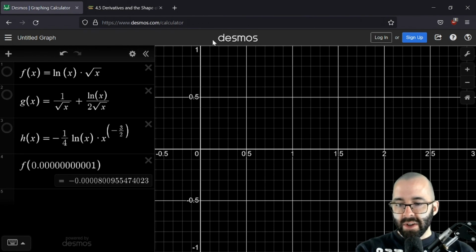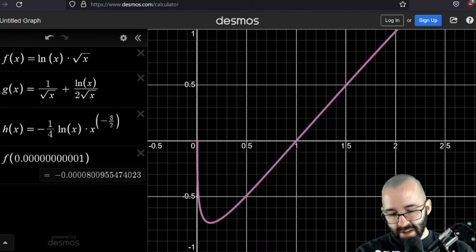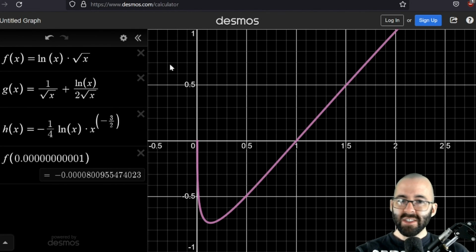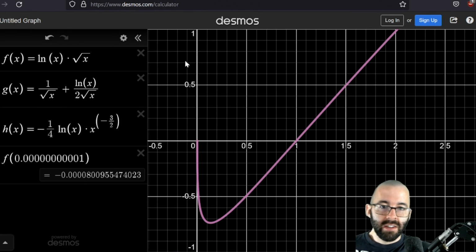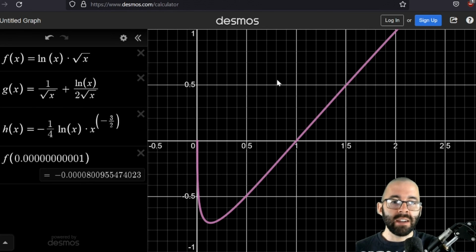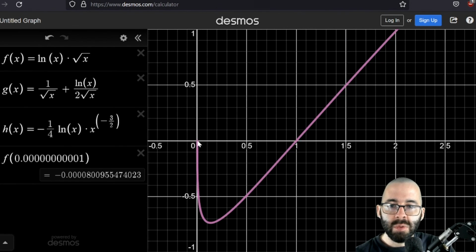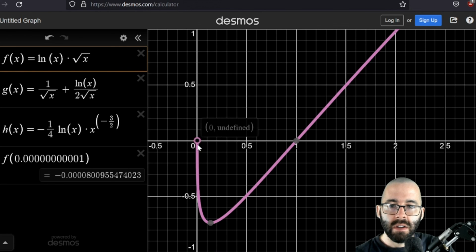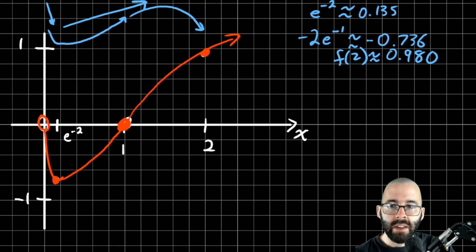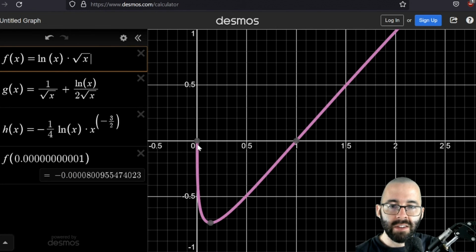All right, I'm going to make the function show. So it doesn't look exactly like we guessed. But it has the same shape. So there's still an open circle right here. And then it decreases, has that local minimum.